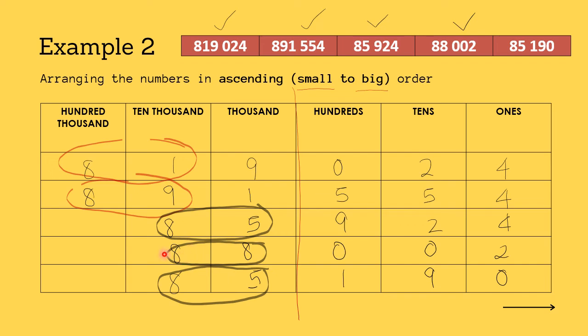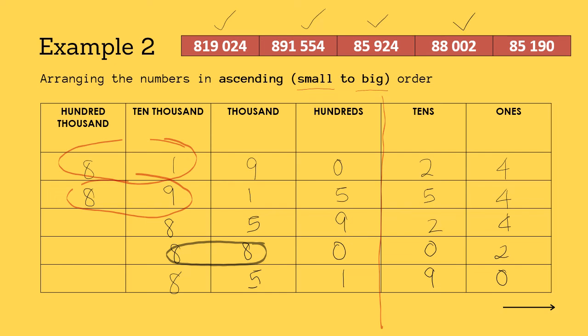So obviously 88 is going to be the bigger number. So let's compare this 85 and 85,000. They are the same. So moving on to the next place value. Let me just scratch that off.